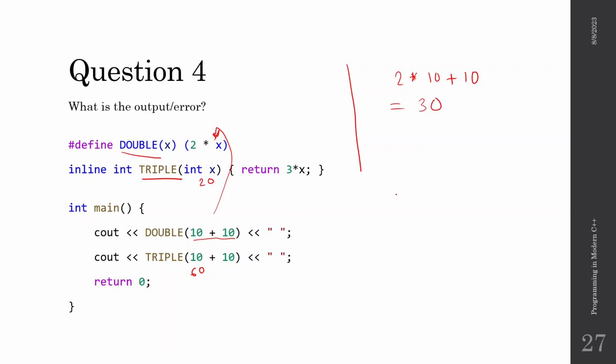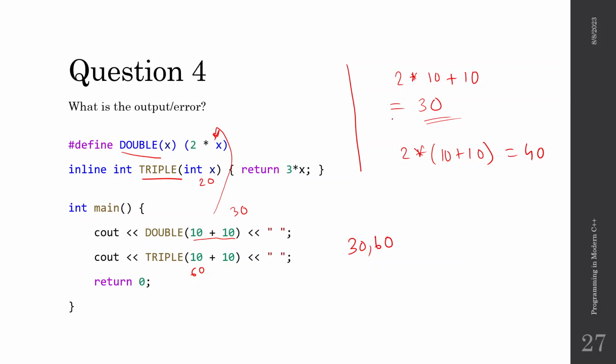But what we meant was double, so what we meant was this, but actually the answer turns out to be 30, because it is just substituted over here like this. No bracketing or order of operations is followed or maintained. So the first line will print 30, so the answer will be 30 comma 60.